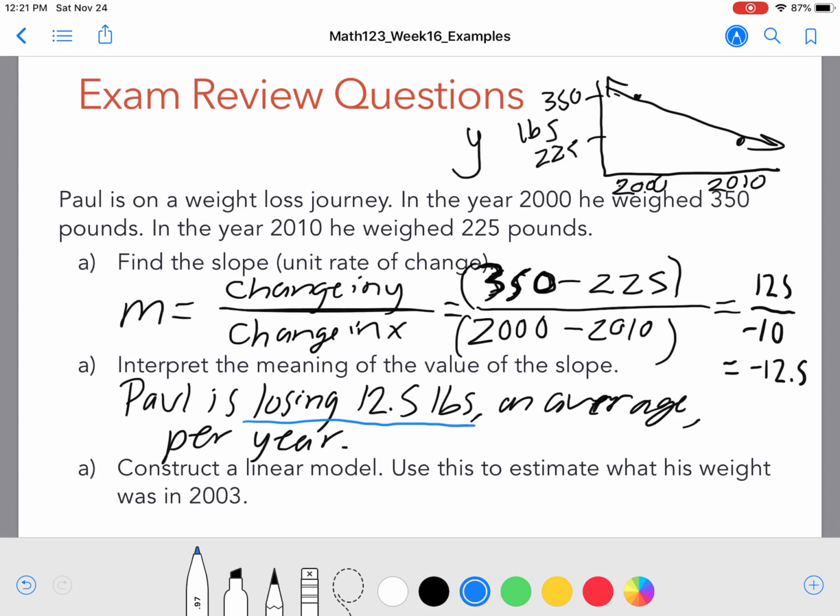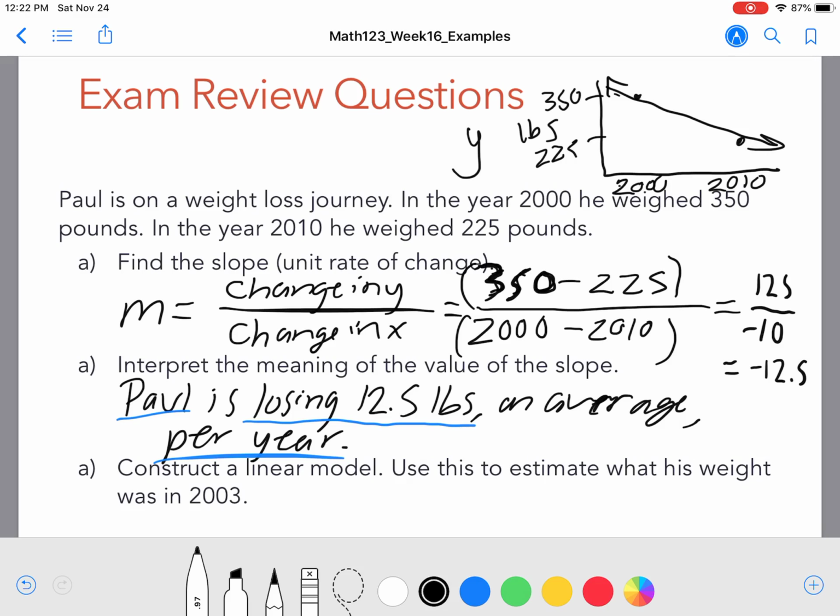You're always going to have to kind of fill in some kind of context in the underlined parts, all right? So that's going to change depending on what type of question. But there's kind of like a standard way that you can set it up, all right? You could say for every year Paul is losing 12.5 pounds. That would also work. Or Paul's weight decreases by 12.5 pounds, something like that.